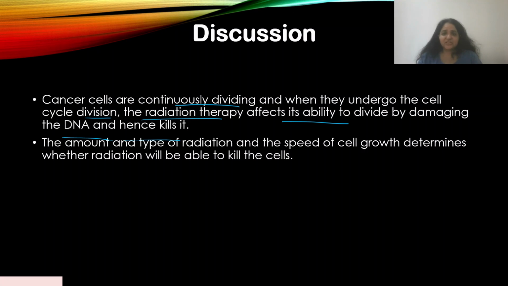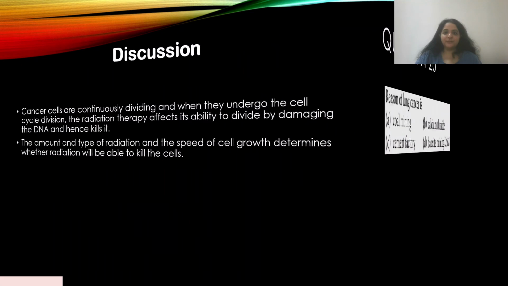The amount and type of radiation and the speed of cell growth determine whether the radiation will be able to kill all the cells. Obviously, radiation therapy is used to damage the DNA of the cell so that it stops dividing.